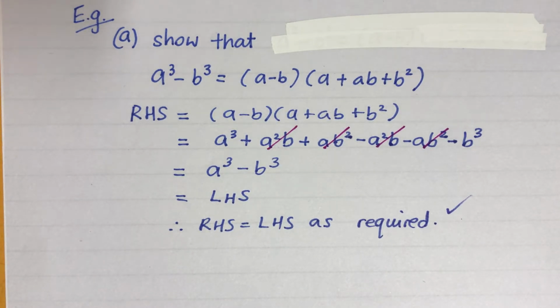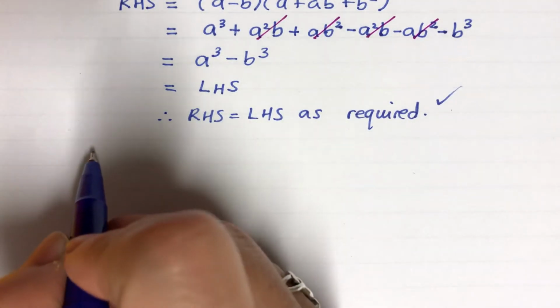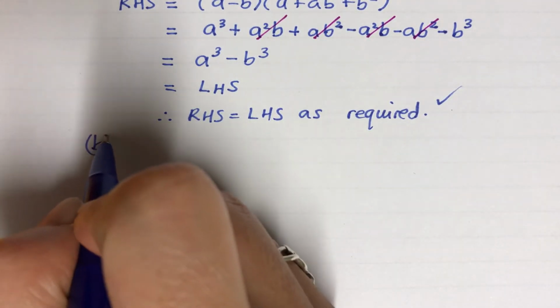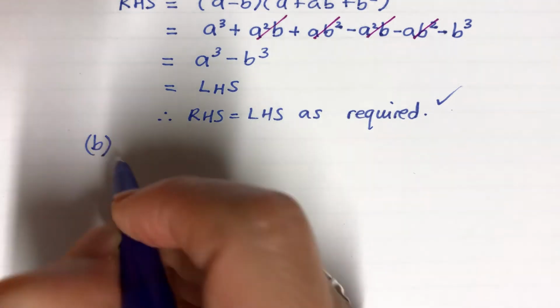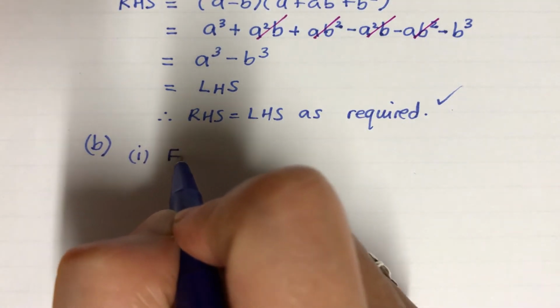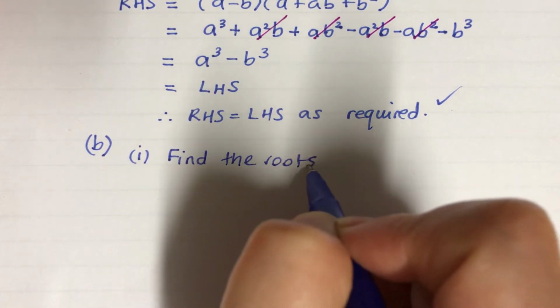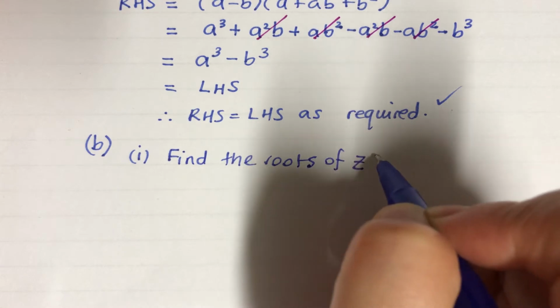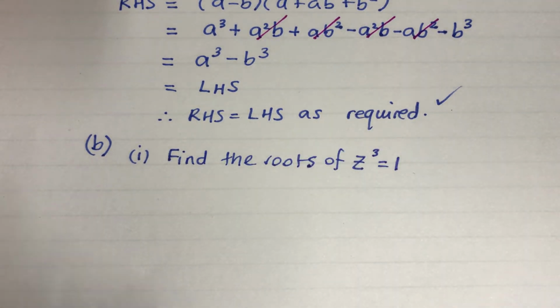Now part B says use the above identity to find the roots of z cubed equals 1, and then show them on an Argand diagram.